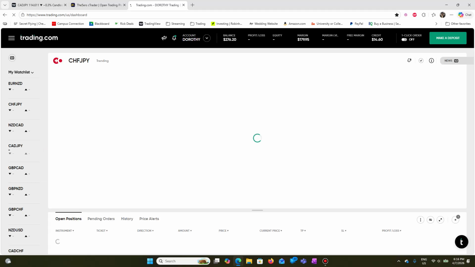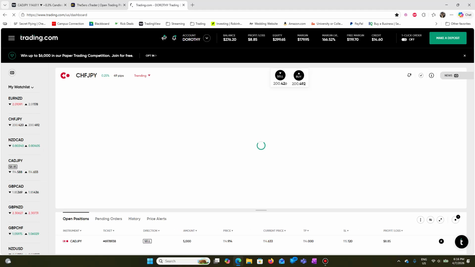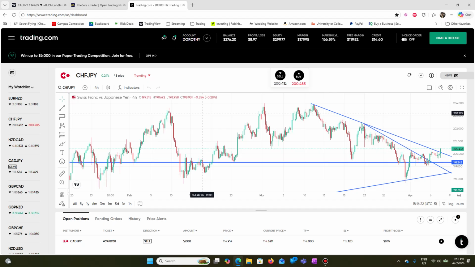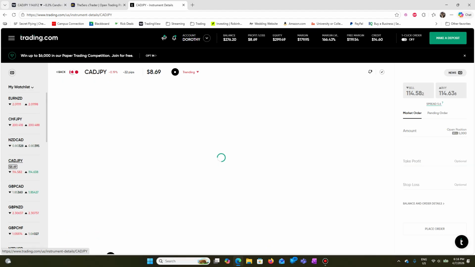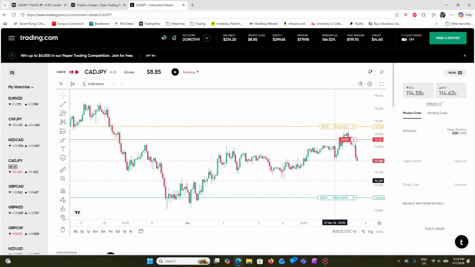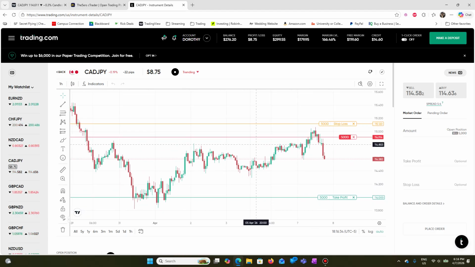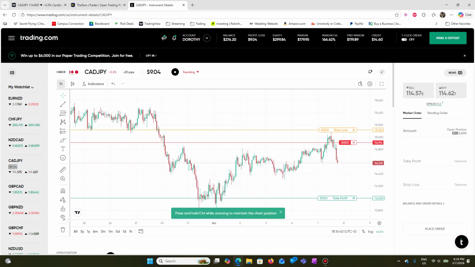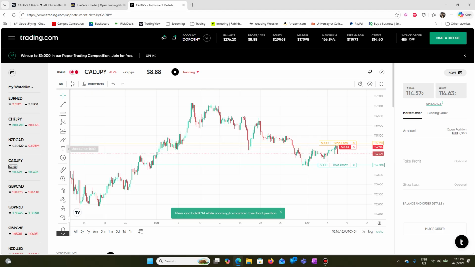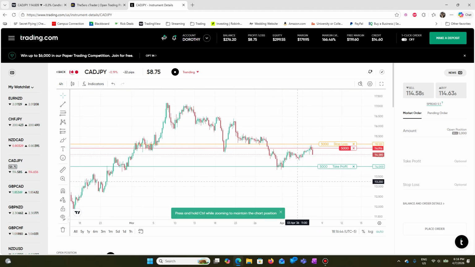I've had this trading.com account for the past 3 years now. So I have the same trade on my trading.com, which is a CAD JPY. So you can see it's the same setup, the same trade that I took. Let's go to the 4 hours. Yep, and there is a trade.